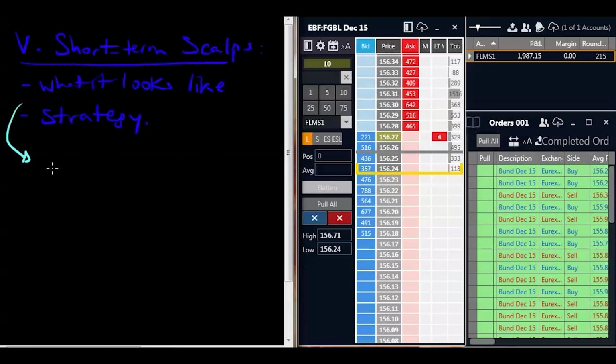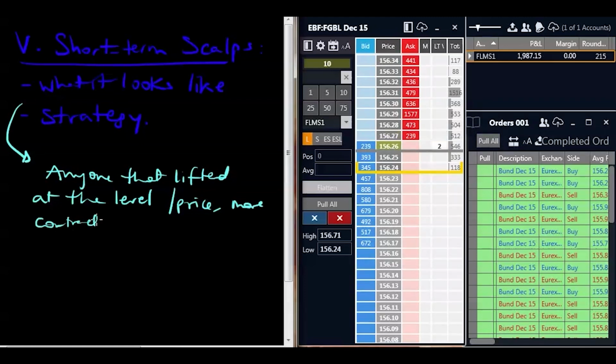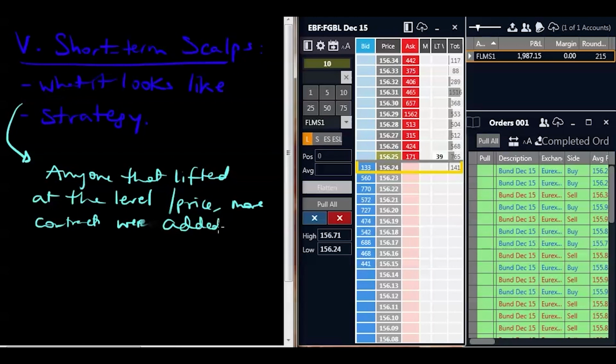From the short time frame selling opportunity, we saw that anyone that lifted at the level or price, more contracts were added on offer.